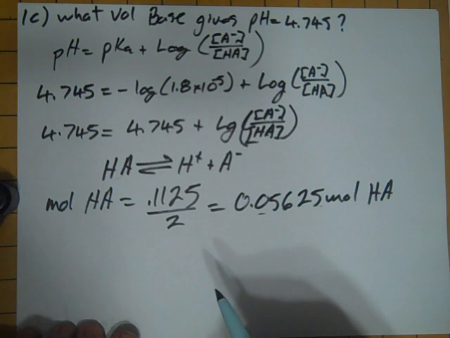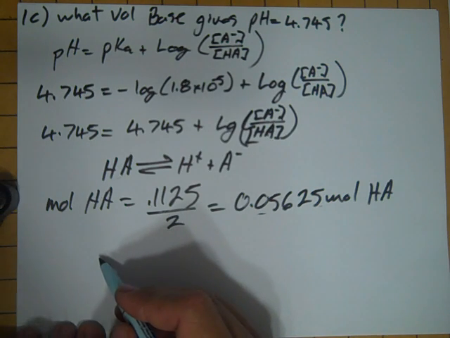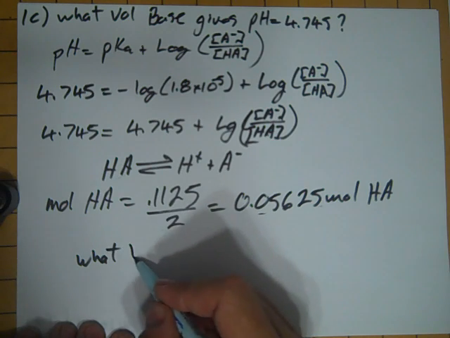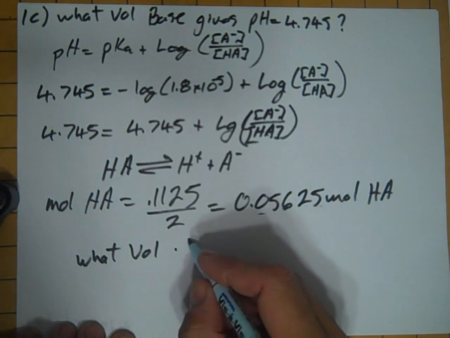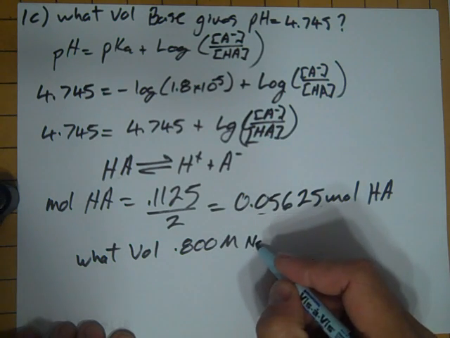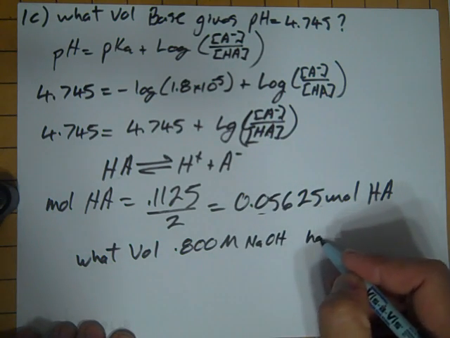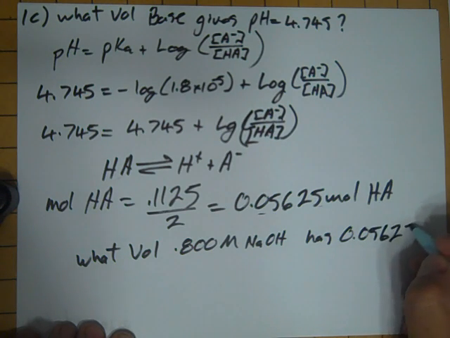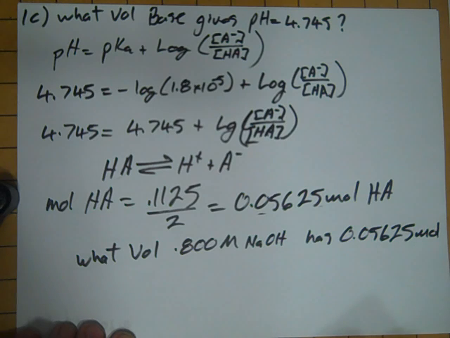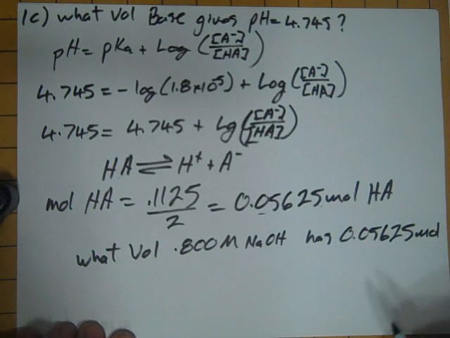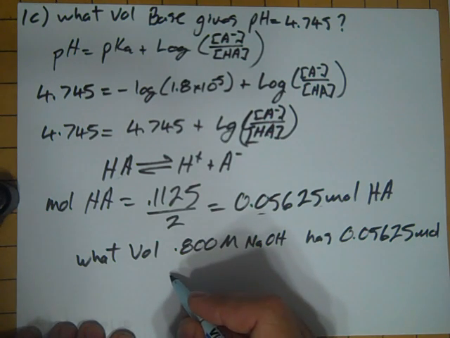Halfway there. So, what volume of 0.800 molar NaOH has that many moles in it? 0.05625 moles in it. This is moles per liter. This is moles. I need to find liters.